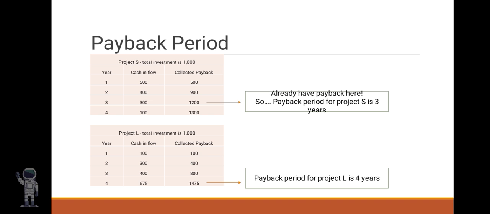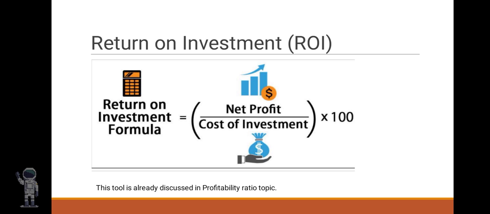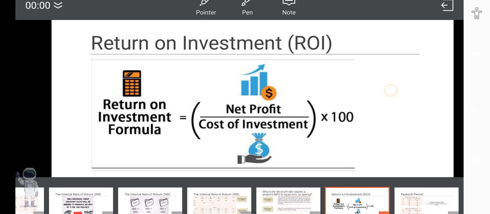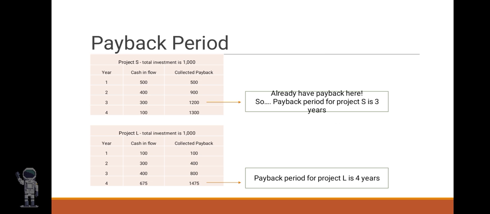The same with project L. In year 1 we collected 100. Then the second year 300, so 400 already. Plus 300 makes 800. So in the 4th year we received 675.